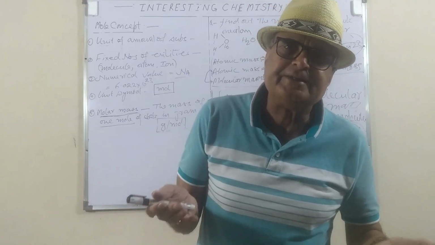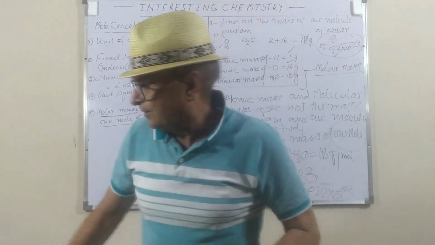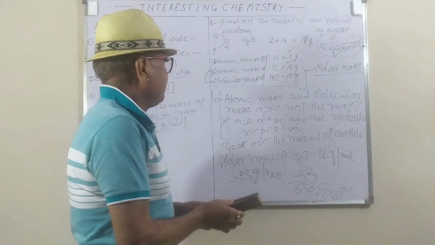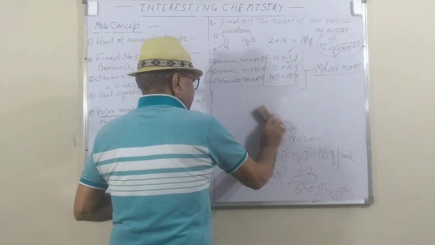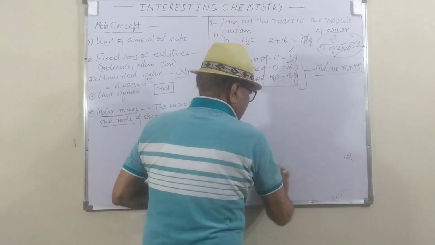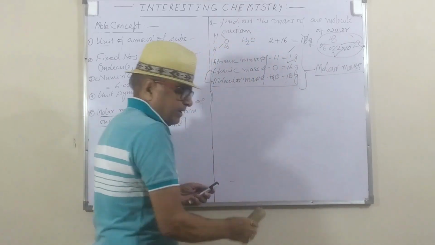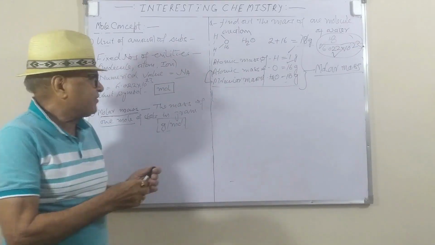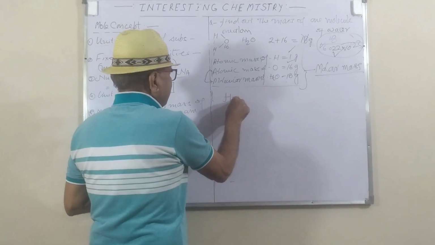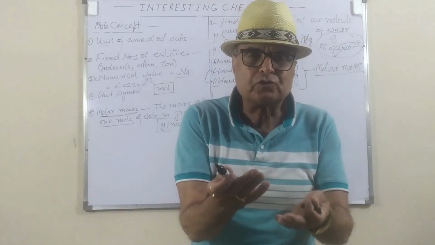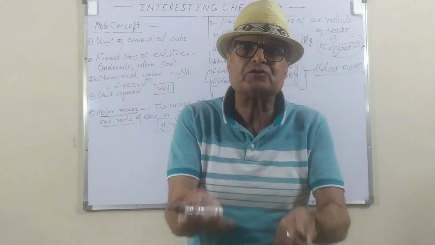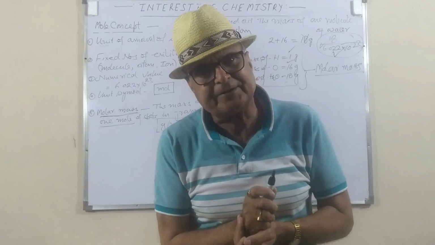atom of any element. Now, one student asked me something that I couldn't understand. We always remember that H is equal to 1, and this should be the mass of 1 hydrogen atom.